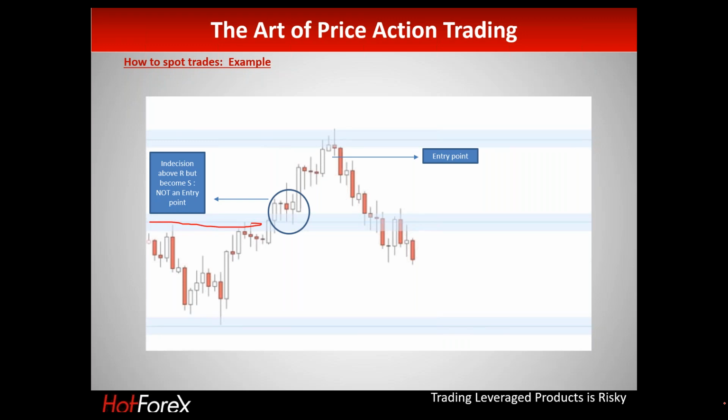I will not try to put lines on because they're never straight. So this was my resistance level, this level over here, because I noticed that it was retested several times and never broken. That was my initial level, resistance one, support one.